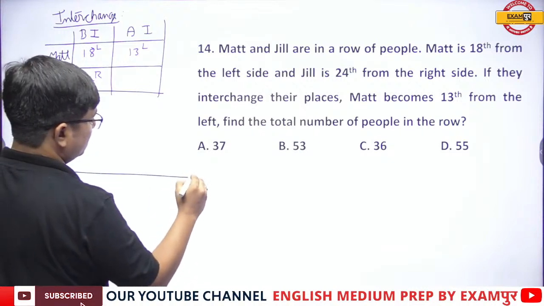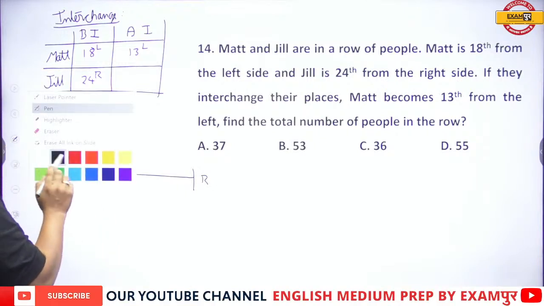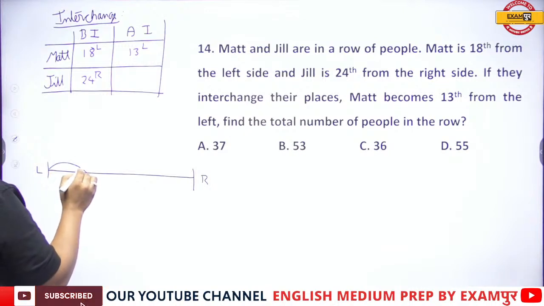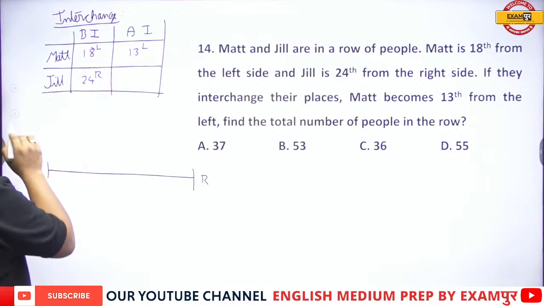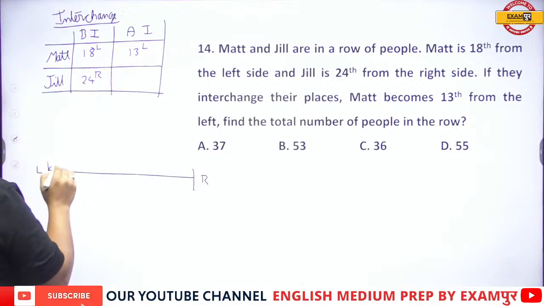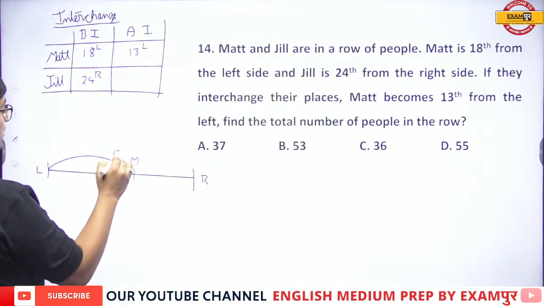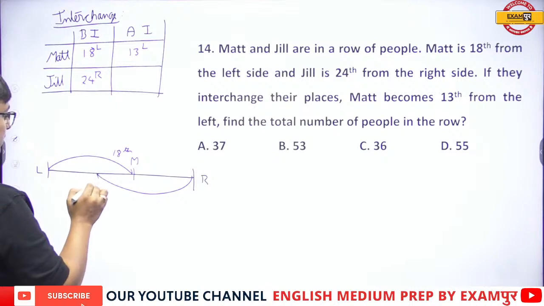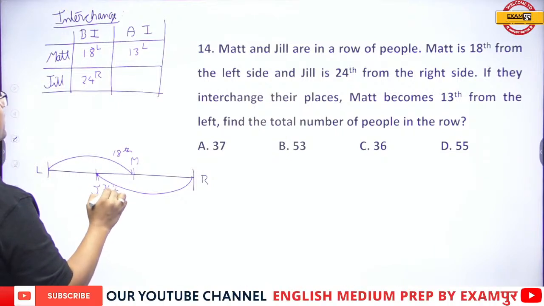So now this is the right end and this is the left end. And now you are all well aware that Matt is 18th from the left. Jill is 24th from the right.